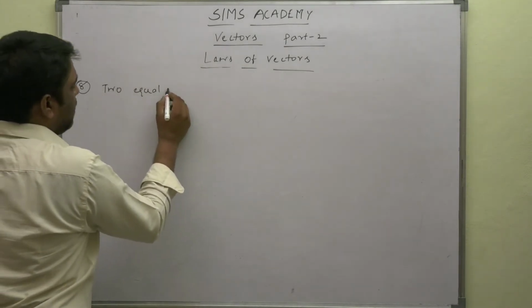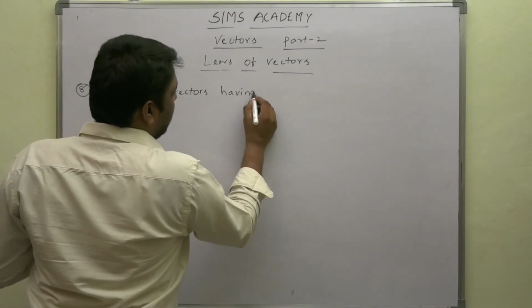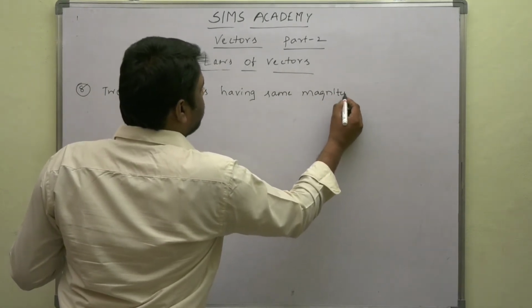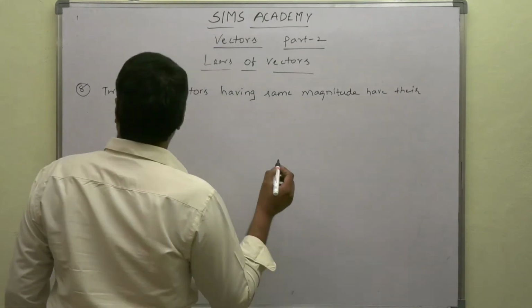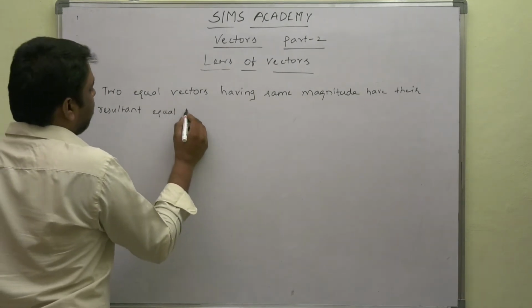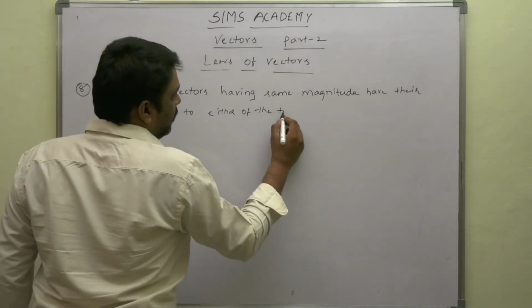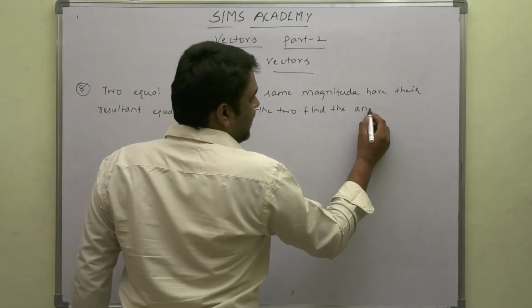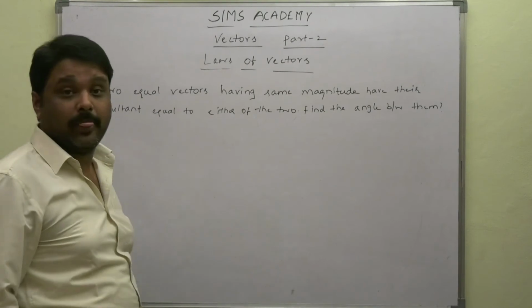Two equal vectors having the same magnitude have their resultant equal to either of the two. Find the angle between them. Super problem.